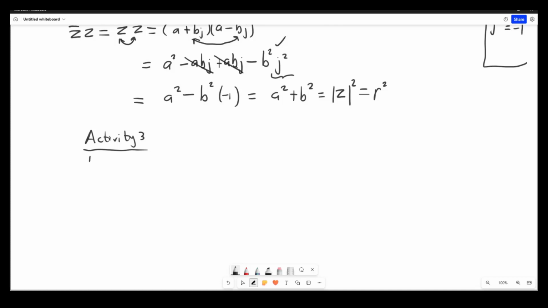So determine the conjugates of the following. I'm just changing the wording, paraphrasing it. Determine the conjugates of the following complex numbers.